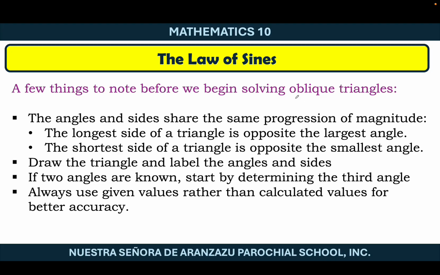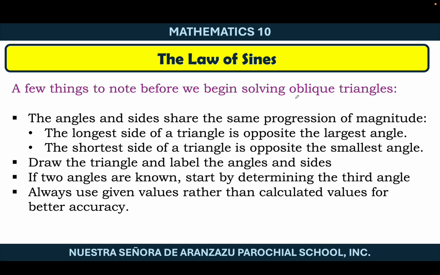Then you have to draw the triangle and label the angles and the sides. That is always the first step in solving an oblique triangle. You need to redraw it and label all the parts, the angles A, B, C and the sides a, b, c. Then if two angles are known, start by determining the third angle.